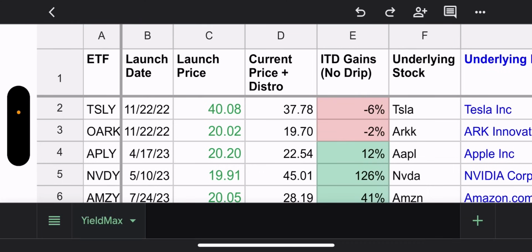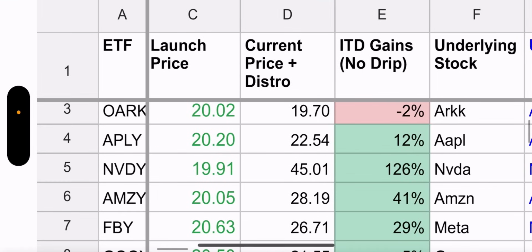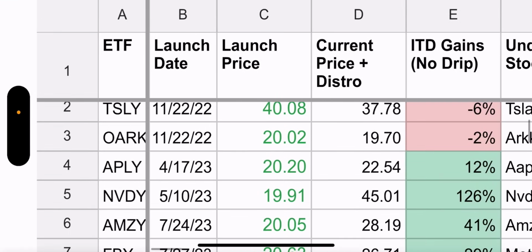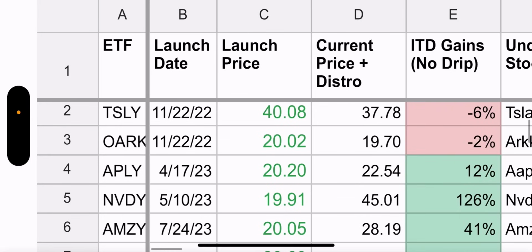If you consider those two things together, your inception to date gains are still negative for Tesley. So you'd be down 6%, which is not good, obviously, but we know Tesley's the worst performing fund out of the bunch. So this is no surprise to people.